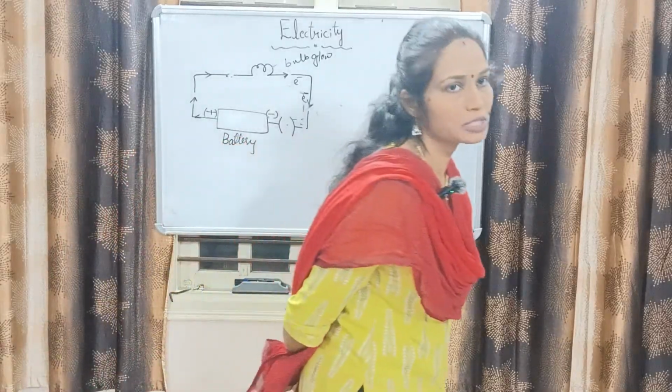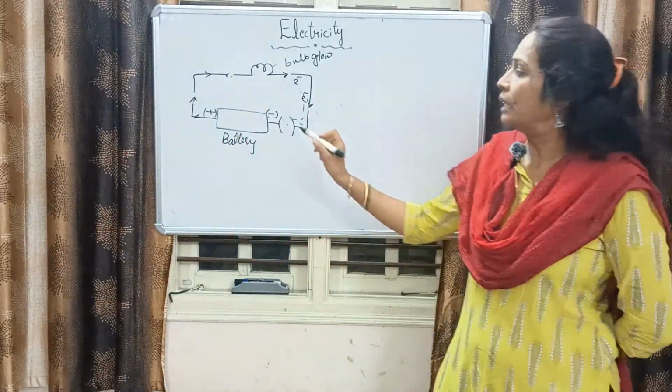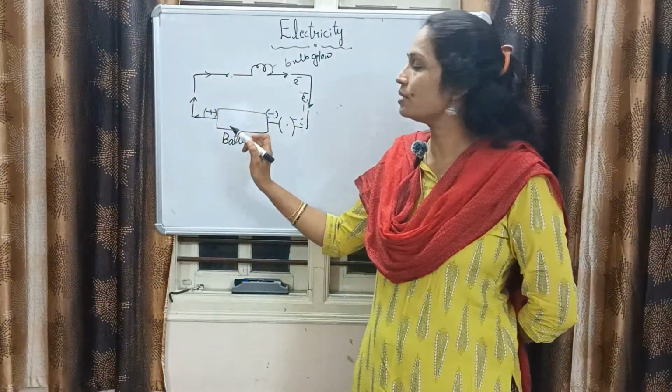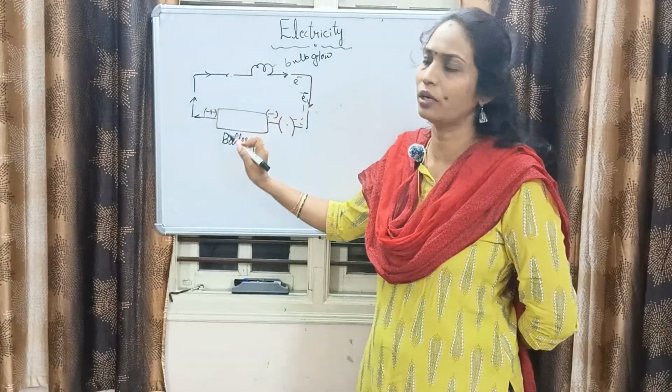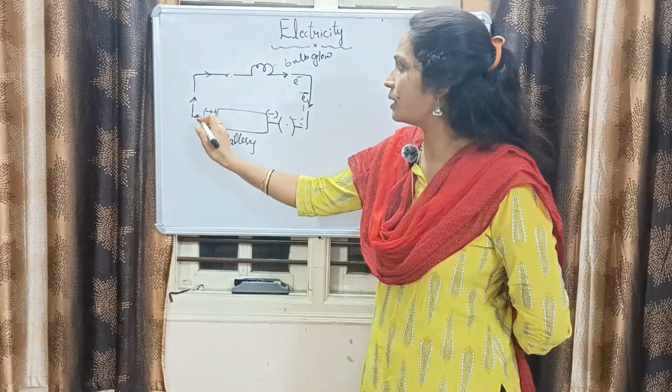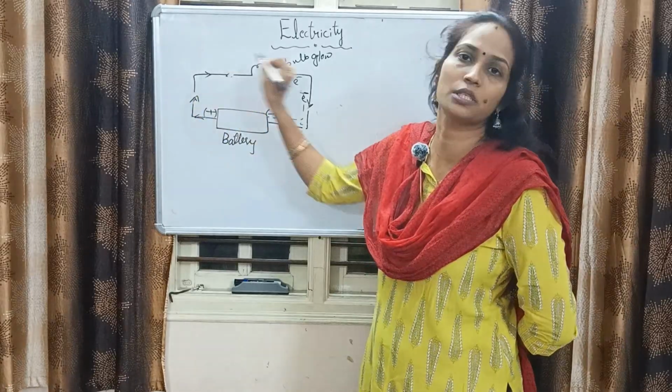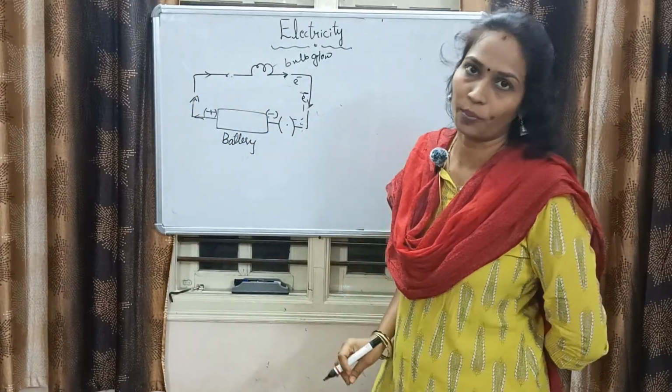They discussed that the flow of electrons is from positive to negative. That is the way to honor those scientists. We give a direction from positive to negative, and keep this in your mind.